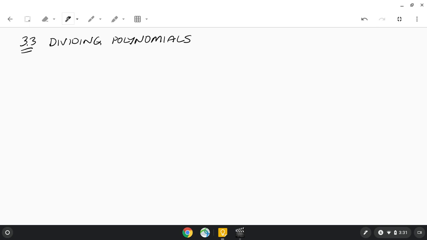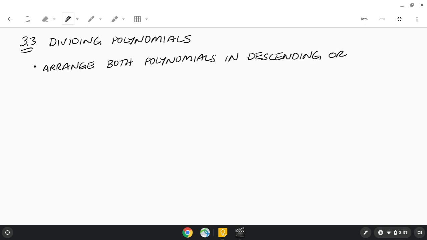One thing you want to make sure is to arrange both polynomials in what we call descending order. This means we are putting it in order, starting with the largest exponent first. Something that looks like this.